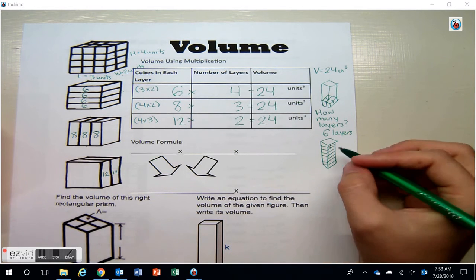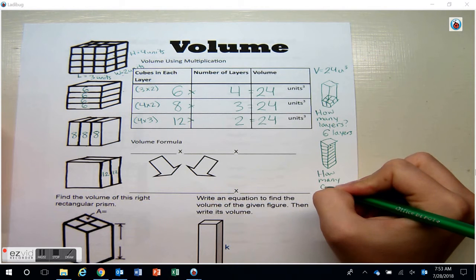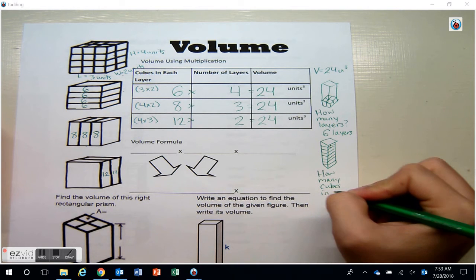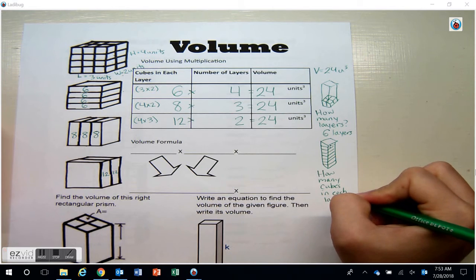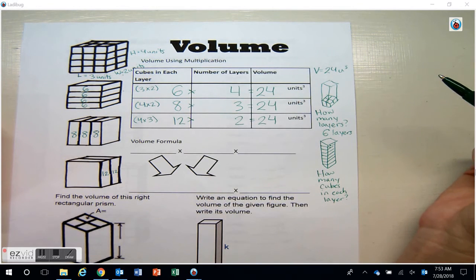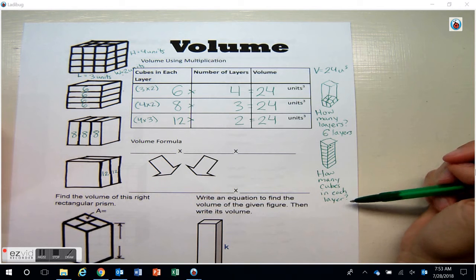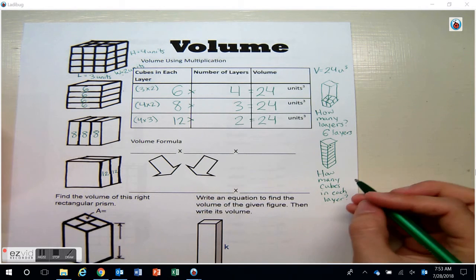Okay, if we had a right rectangular prism, excuse my drawing, not perfect. And this time, we knew that it had 8 layers, 1, 2, 3, 4, 5, 6, 7, 8 layers.